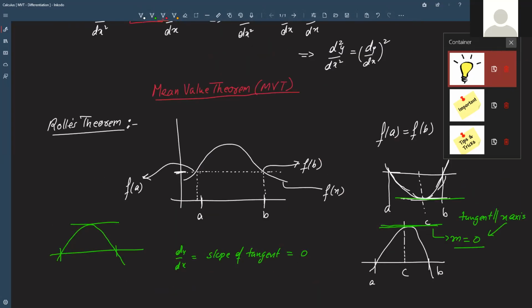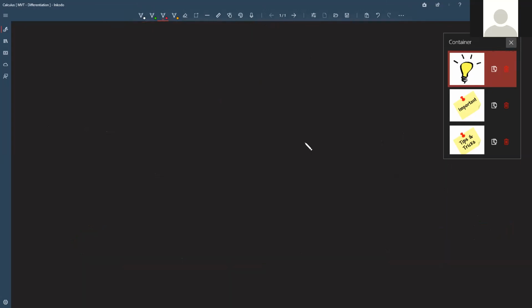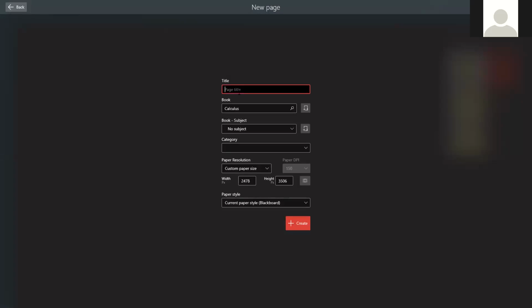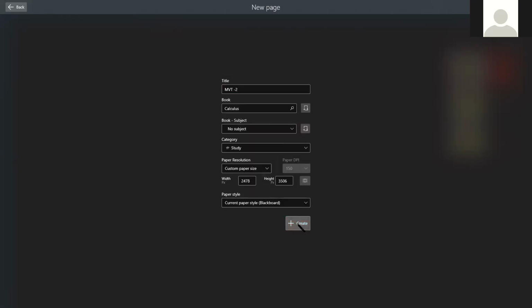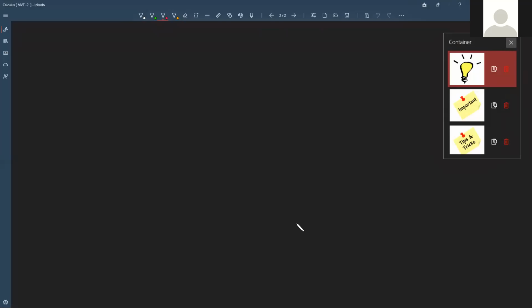Now our next theorem is the mean value theorem. So let us see that as well. Okay, now the actual mean value theorem.